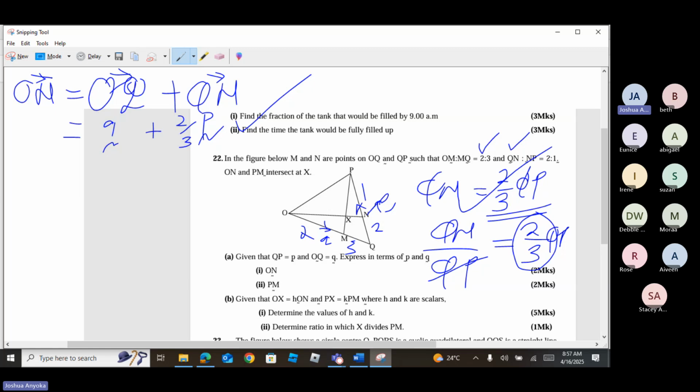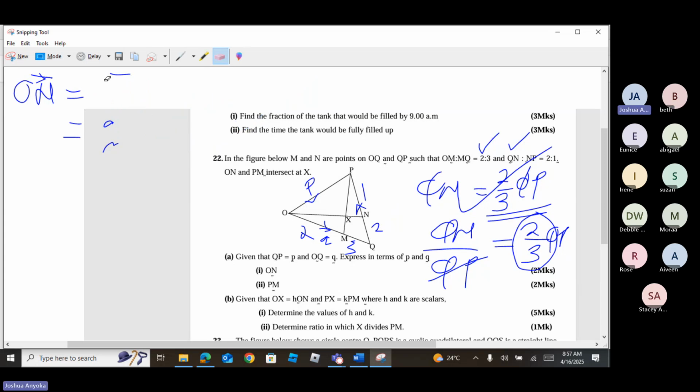Whichever way it will work, but now it changes the equation. Sawa. Let's change. This is vector OP. So vector OP ndio P. This is vector P. Let's work with that. So we get back to square 1.